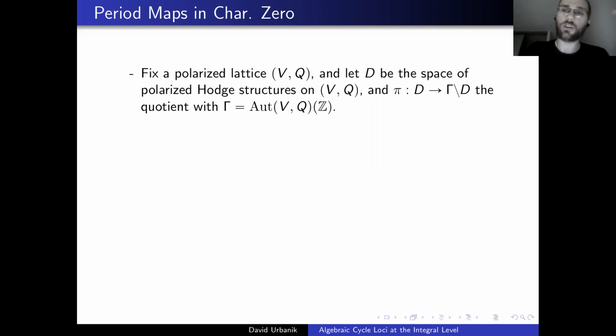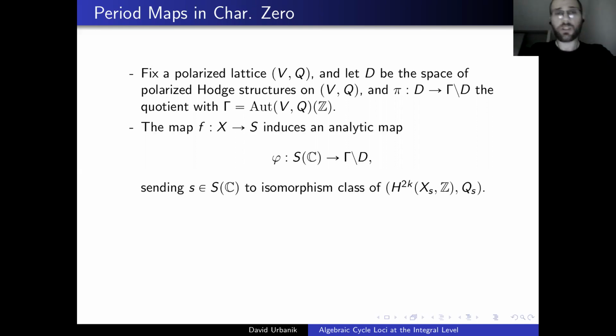And D mod Gamma you can think of as a moduli space for all isomorphism classes of integral polarized Hodge structures on this fixed (V, Q). So the kind of period map I'm going to talk about is simply: take a point in S and send it to the isomorphism class of the polarized Hodge structure above that point. And that's a well-defined analytic map.